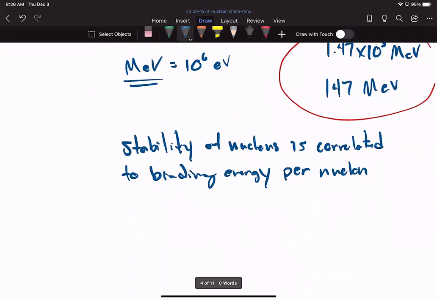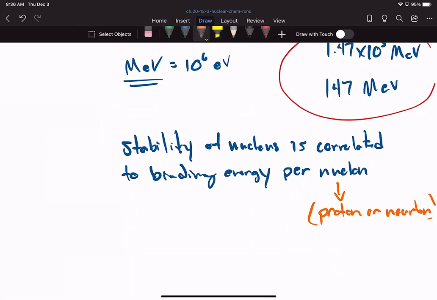And so we've calculated binding energy, and if you're wondering what a nucleon is, a nucleon is simply a proton or a neutron. Protons and neutrons are both nucleons.